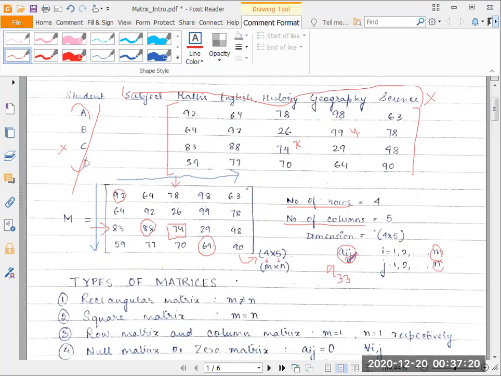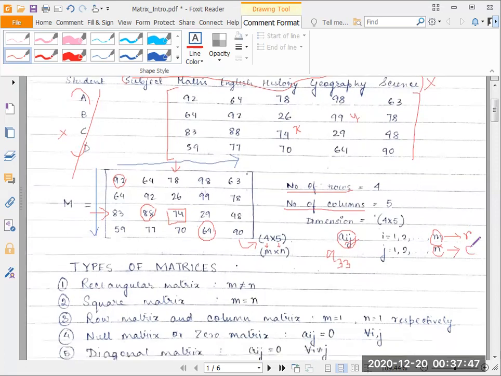And j, which denotes the particular column of the element concerned, will run from 1 to n. So let me just write it down. The first number will represent the row and the second number will represent the column. That is the basic notation of matrix algebra.